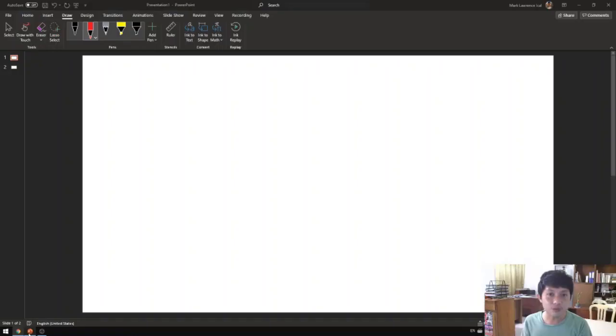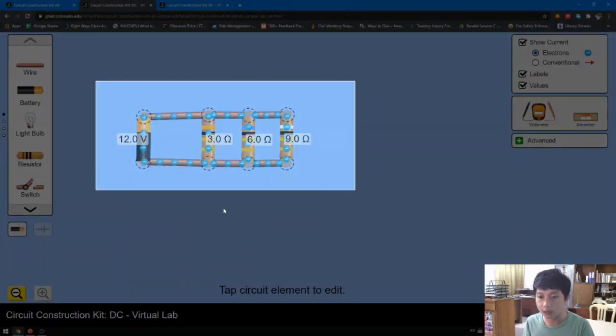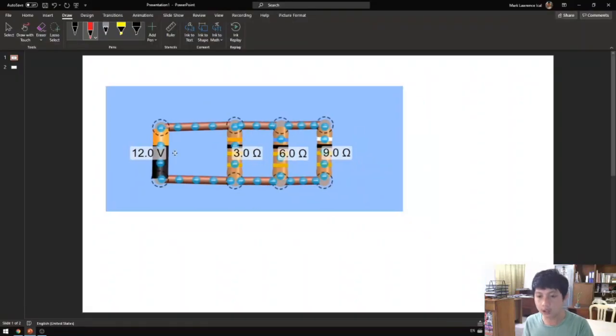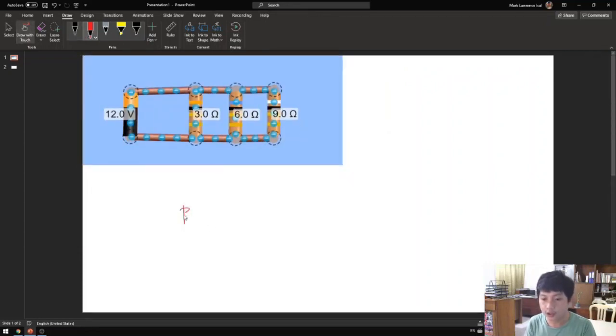So what's the formula? Whenever we have resistors which are connected in parallel, you basically do this formula. The total resistance is 1 all over 1 over R1 plus 1 over R2 plus 1 over R3.